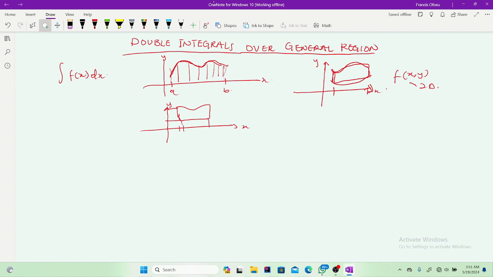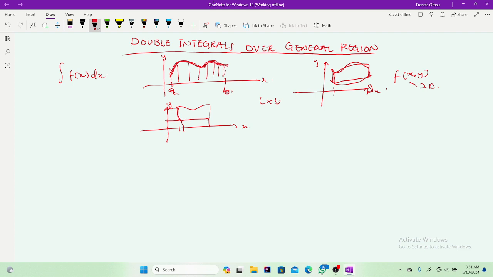You say length times breadth, or width times height, or something like that. So this shape can fully be integrated over using both the x-axis and y-axis. Here I use only a and b because it's just a single dimension.